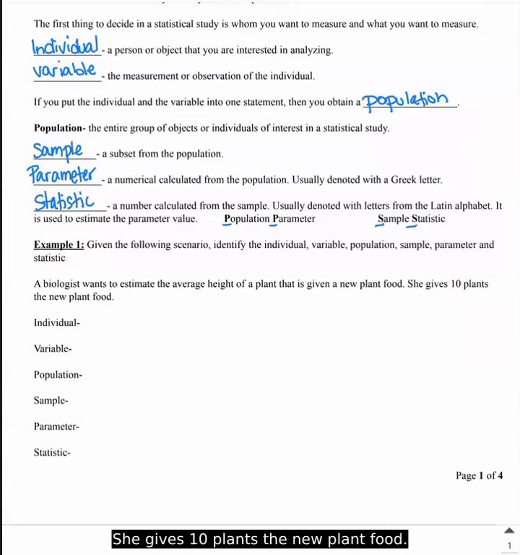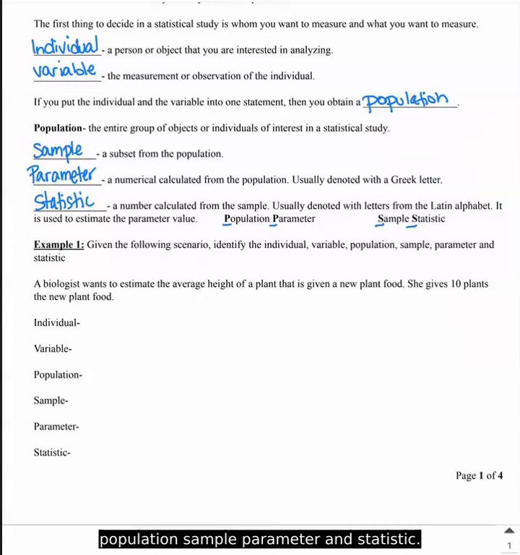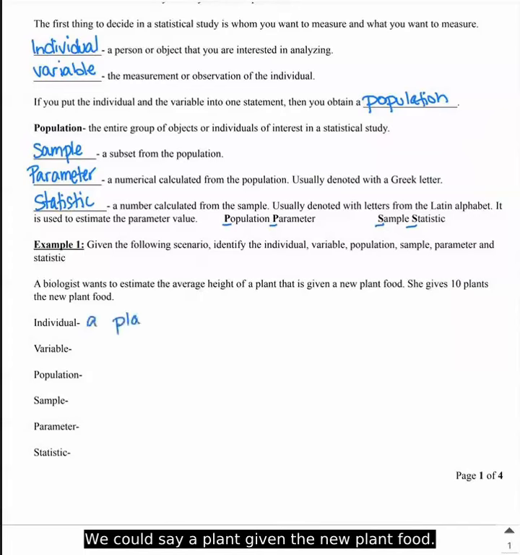She gives 10 plants the new plant food. So the individual in this case would be the plant that's given the new plant food. So we could say a plant given the new plant food.